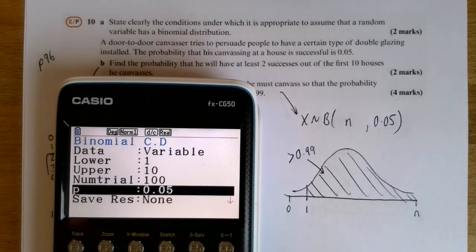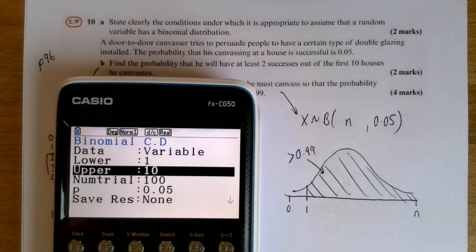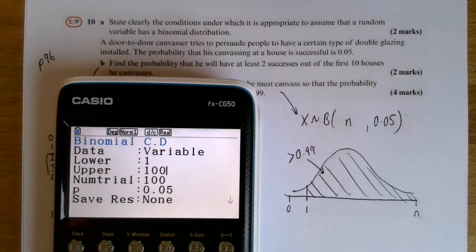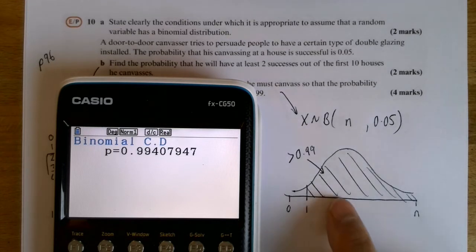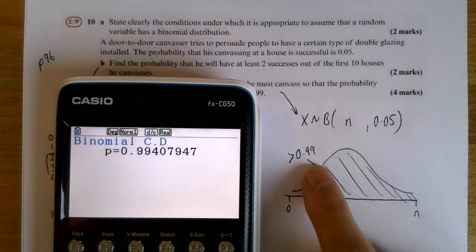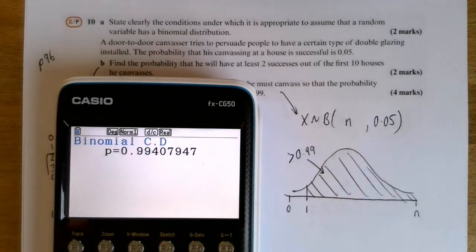Okay, so let's try 100, and let's work out the probability of 1 to 100. Ah, right, that is bigger than 0.99, but is that the smallest number that's bigger than 0.99? So let's try a smaller value of n.